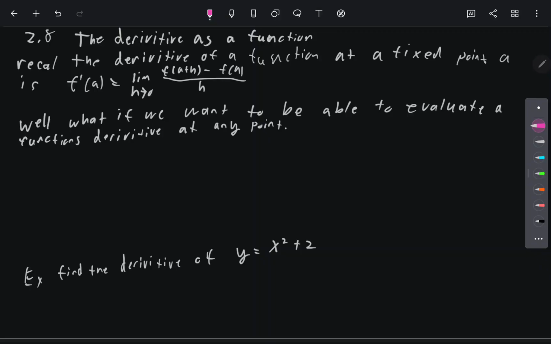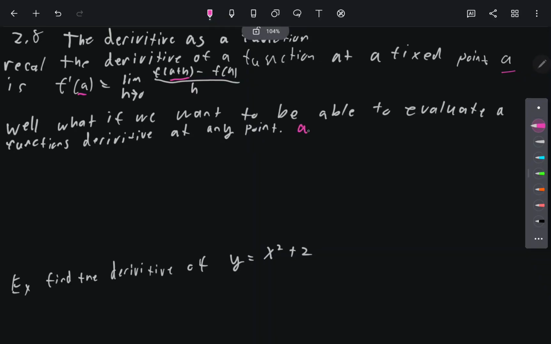Well, recall the derivative of a function at a fixed point a is f prime of a is the limit as h approaches 0 of f of a plus h minus f of a all over h. Well, if we want to be able to evaluate a function's derivative at any point, instead of using a fixed value a, let's use a variable x.